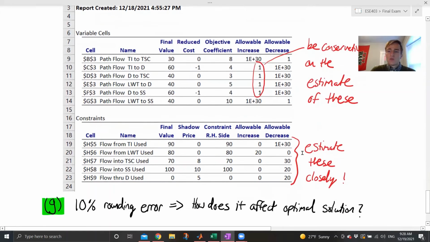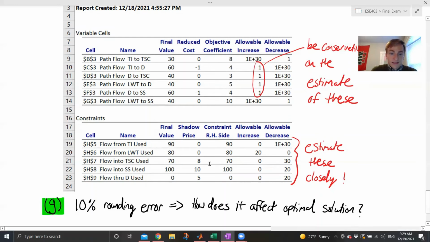And then also, we need to estimate these closely. Like the allowable increase is 0. So any kind of error, any small error, 1% error in the flow to and from a plant would throw off our optimal solution. So I suggest strongly that we estimate the values of these constraints very, very closely.